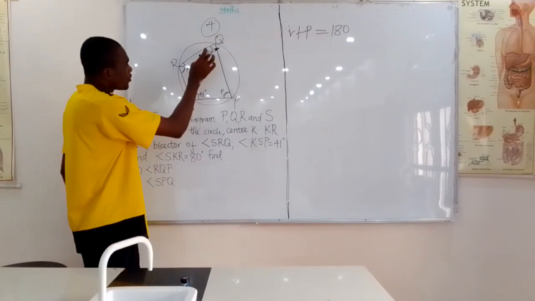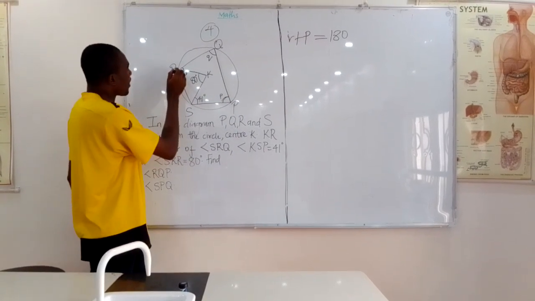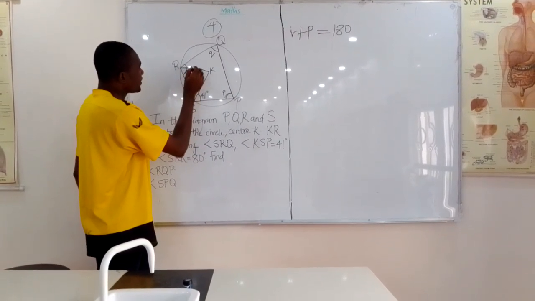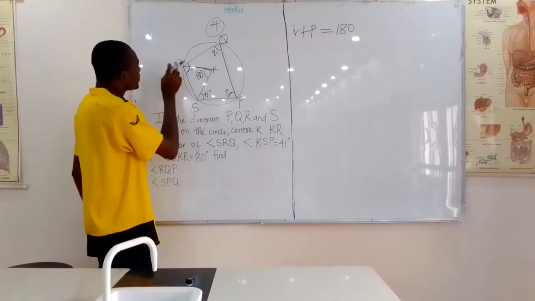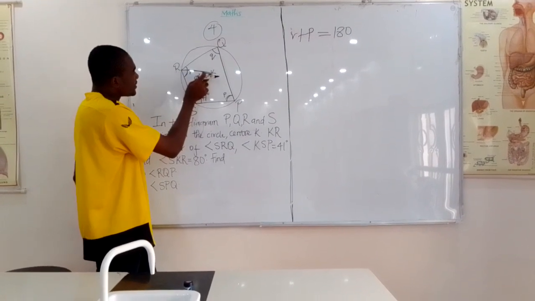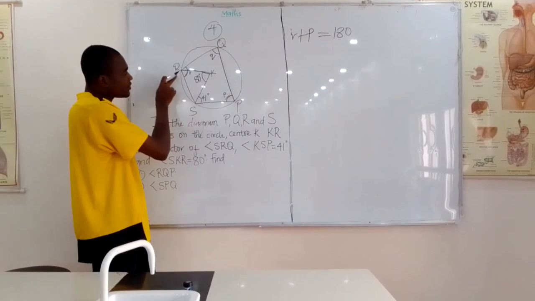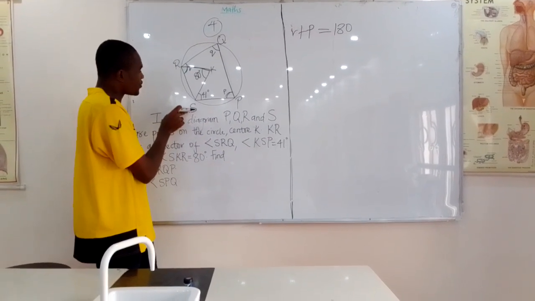Now these are the angles we are looking for, q and p. But look at our diagram. RK is a bisector of the angle at R. RK, since it's running from the center, is a radius, and KX is also a radius.